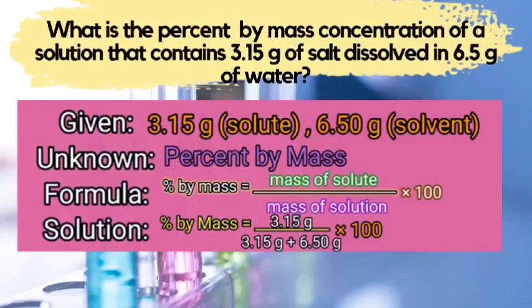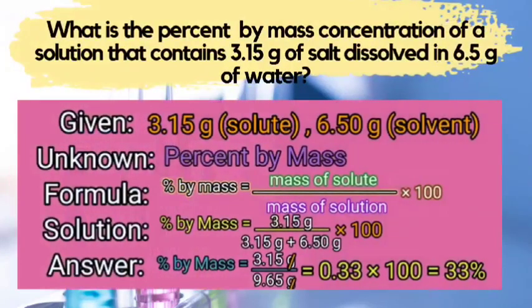So here's the solution. You are going to substitute 3.15 grams to the mass of solute and 3.15 grams plus 6.50 grams for the mass of solution multiplied by 100. So the answer will be 3.15 grams all over 9.65 grams.